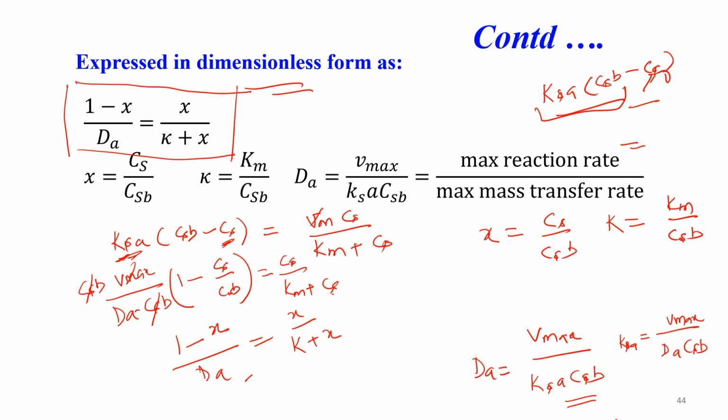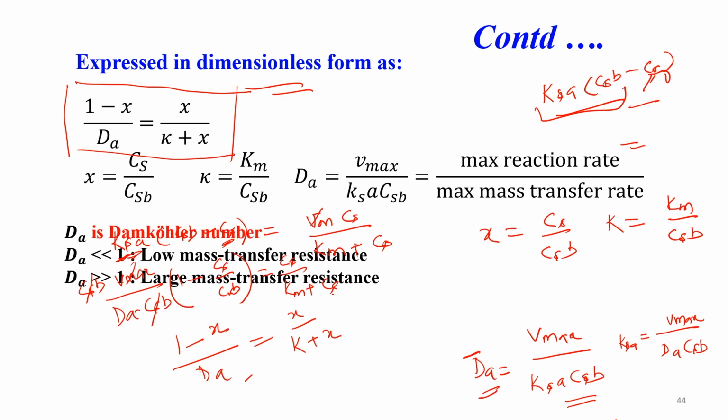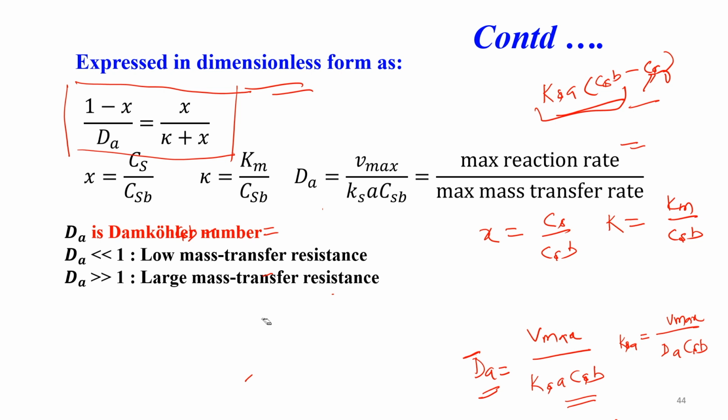Now, considering this, we will be briefly discussing the significance of the Damköhler number. The Damköhler number is the ratio of maximum reaction rate Vmax upon mass transfer rate. Now, there can be two cases: if the Damköhler number is less than 1 or greater than 1.